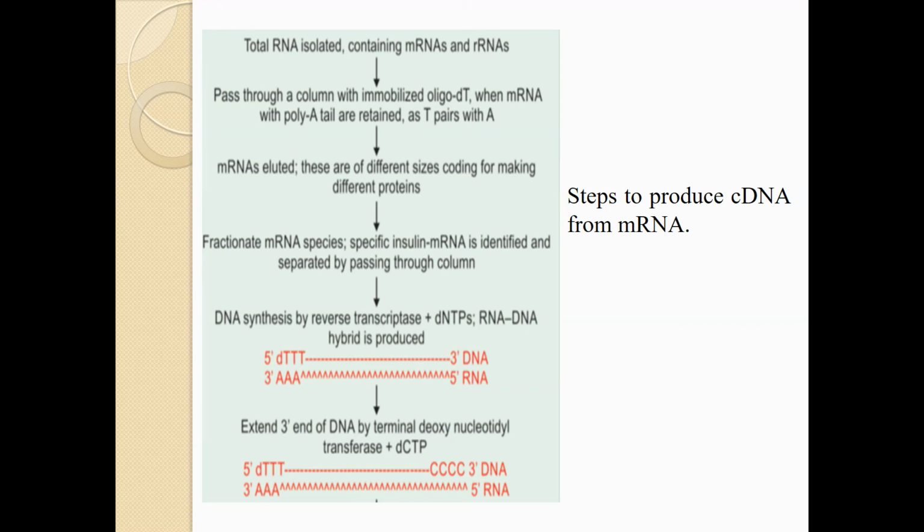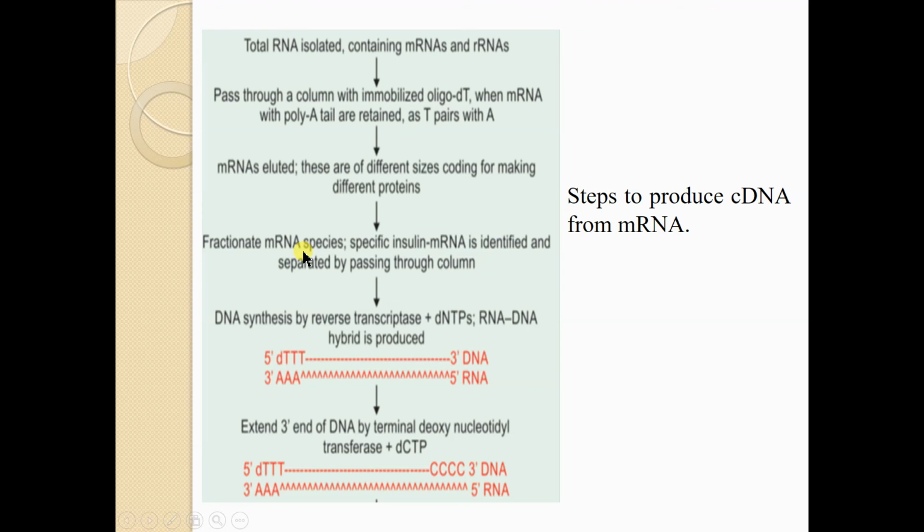But our interest in this technique is, suppose we want to produce the insulin protein, so we want to take only the mRNA which will be translated into the insulin protein.